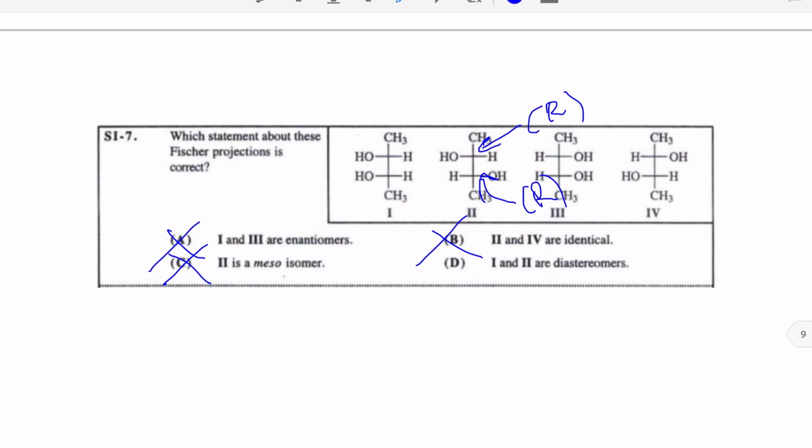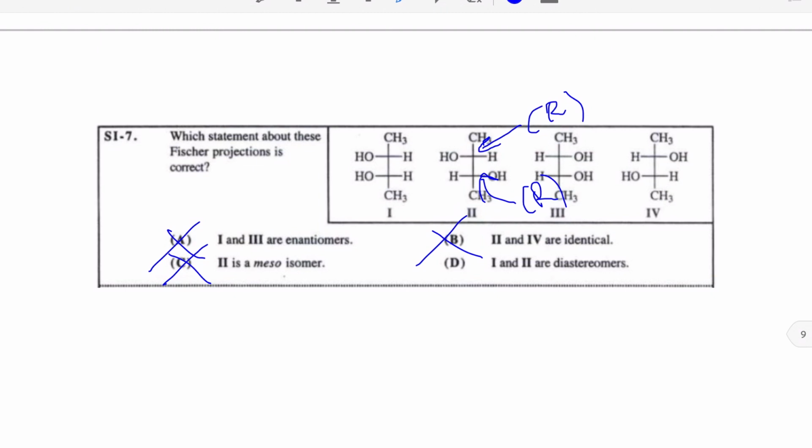And another thing is that with meso isomers, they have stereocenters that are opposite of each other. So R and R would not fit under that definition.